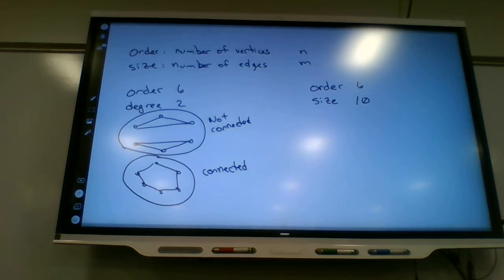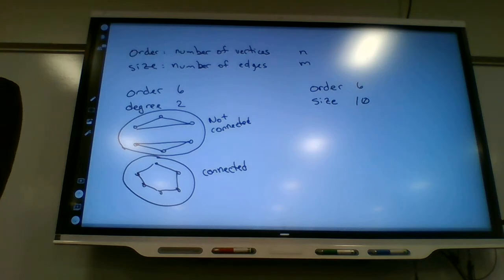Not degree. What's the maximum degree we could have in a graph of order 6? 5, right? Because we're talking about simple graphs. So what would happen if a vertex was adjacent to everything else? Its degree would be 5.